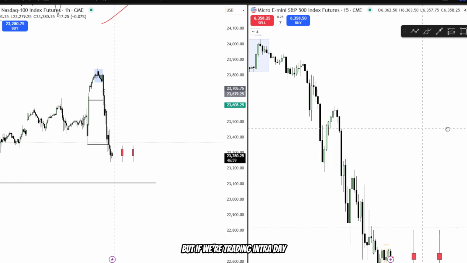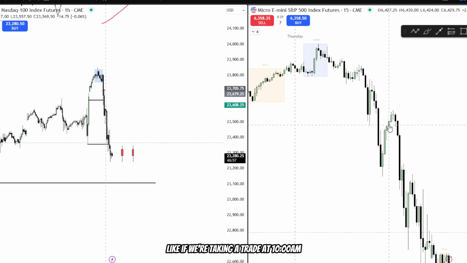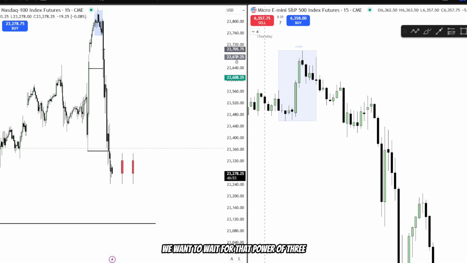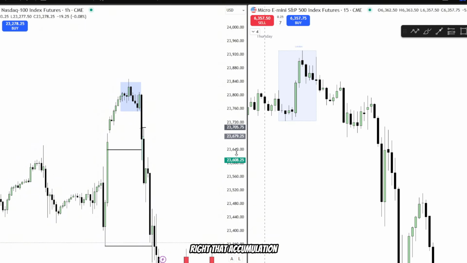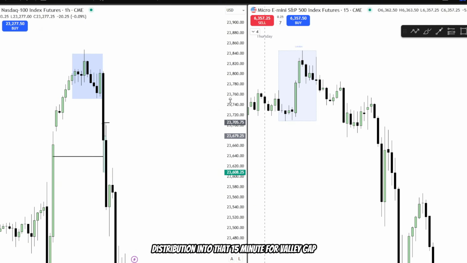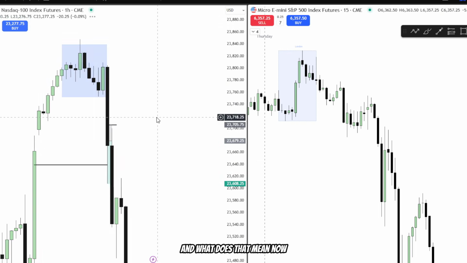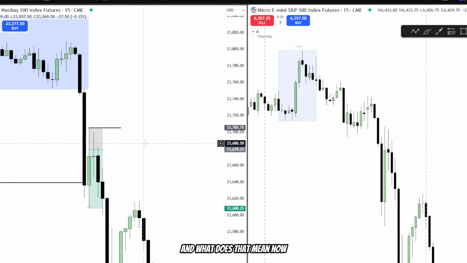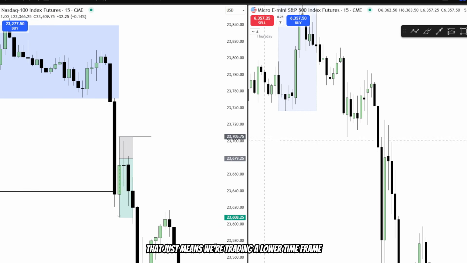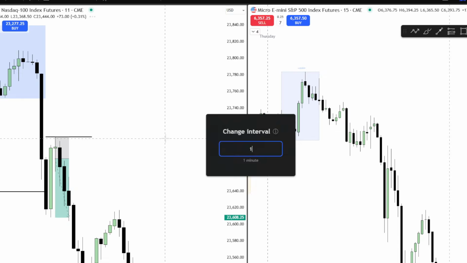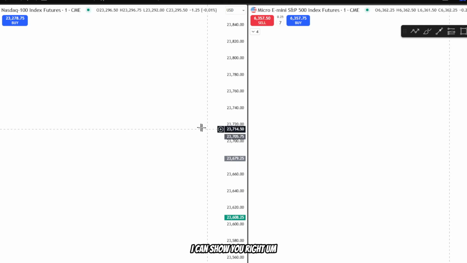But if we're trading intraday, like if we're taking a trade at 10 a.m., what do we want to wait for? We want to wait for that power of 3, right? That accumulation, manipulation, distribution into that 15-minute fair value gap, or higher time frame fair value gap, right? And what does that mean? Now that just means we're trading a lower time frame market maker model. And how is that? I can show you, right?